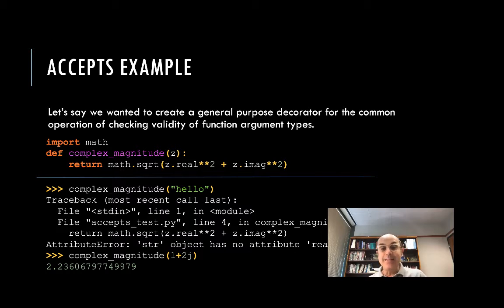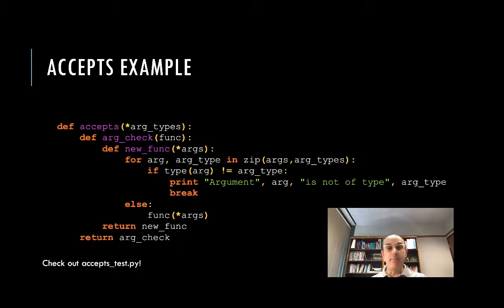So again, this is what it will come up with in order for it to generate a number that it will all operate on. And in the end, the complex magnitude will be 1 plus 2j, and it will give me a number. Accept example, again, see how it will accept and how to check arguments. And this will come back to us in module number 14 when we are going to start testing your code and see what that entails.